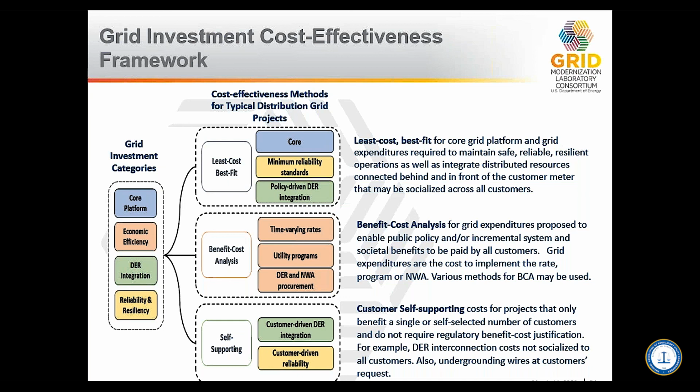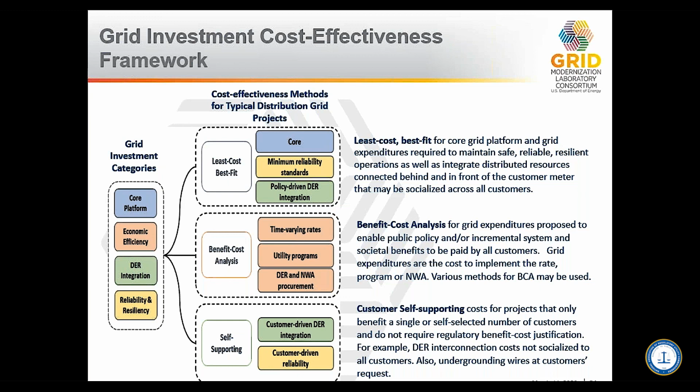But those are not usually done on a benefit cost analysis basis, because those are foundational and really enabling in many cases, either achieving minimum reliability standards or perhaps policy objectives with respect to, say, in some states, distributed energy resource integration. And so the benefit is actually from the policy direction on DER integration that has essentially assessed what the value of DER is. In this case, the investment on the grid is the cost associated with that benefit that the policy has identified for DER. So it's in that context. Fritz will go into that a little bit more.